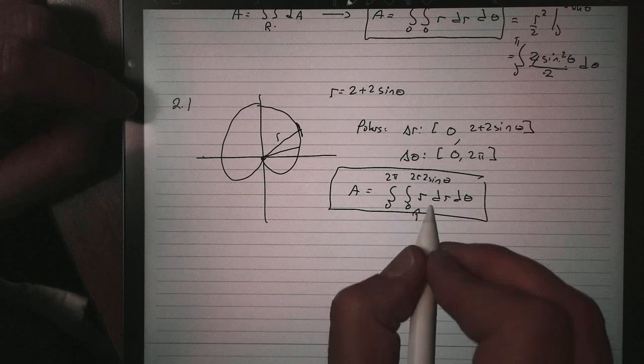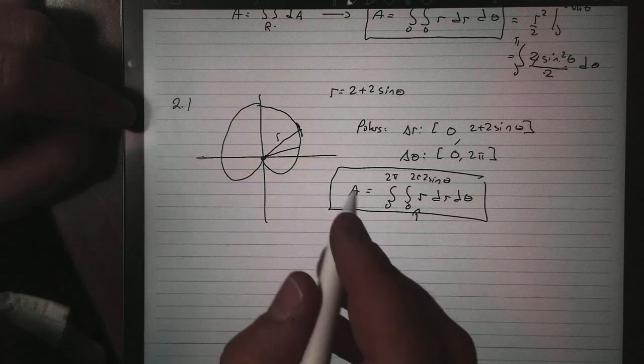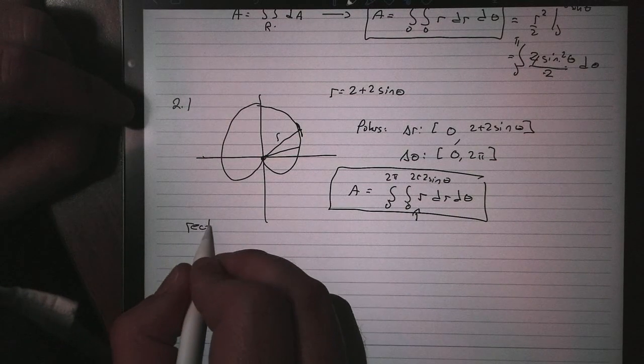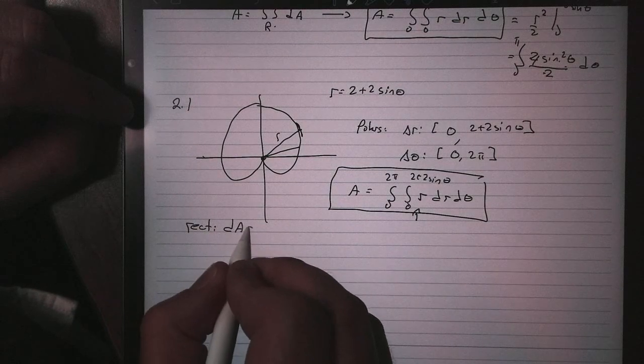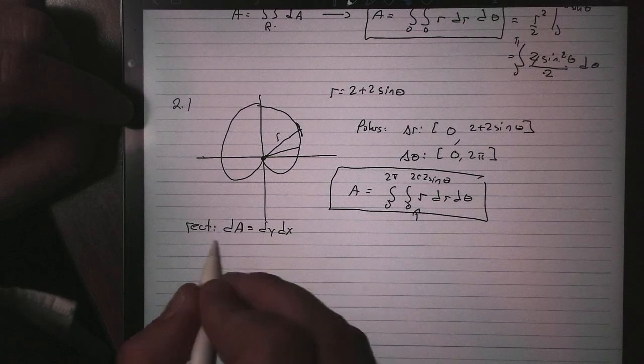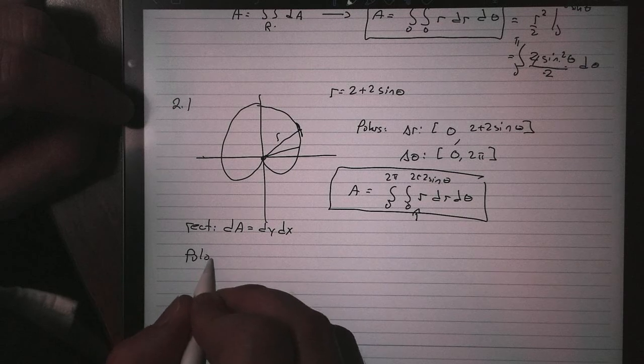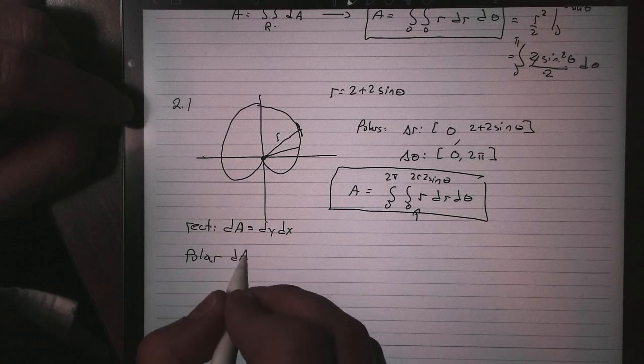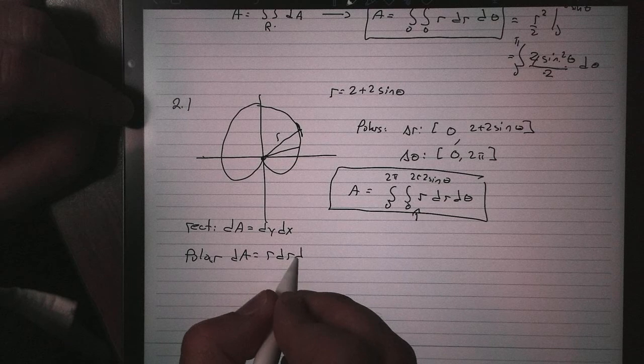Don't forget the r. That's the one thing people forget. Remember, in rectangular, the area is dy dx. But in polar, the area is r dr d theta.